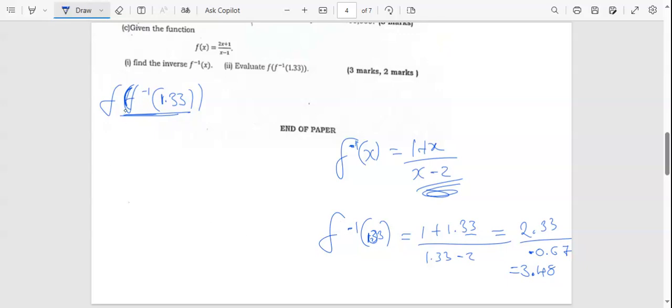So now they are telling me to go and put this in the f of x. Have you seen? So we'll bring the same f of x. They have put something, the inverse is there. The inverse of 1.33, we have calculated that it's equal to this. By the way, it's a negative. So now we are putting it inside the function f of x.